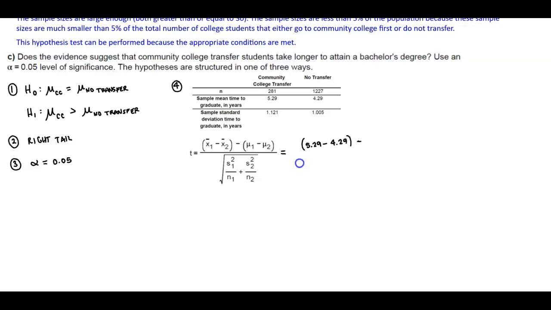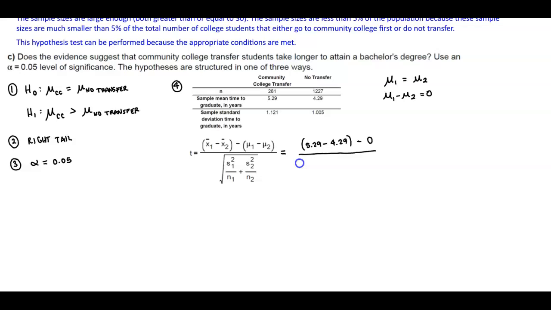And then that's going to be minus, well, if we have mean 1, which is equal to mean 2 in our scenario here, that means if we subtract mean 2 from both sides, then we know it's going to equal 0. So therefore, this is going to be minus 0.